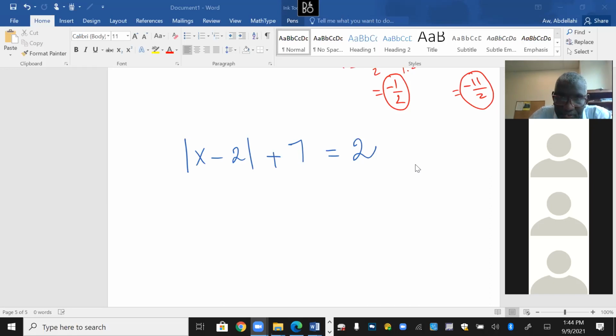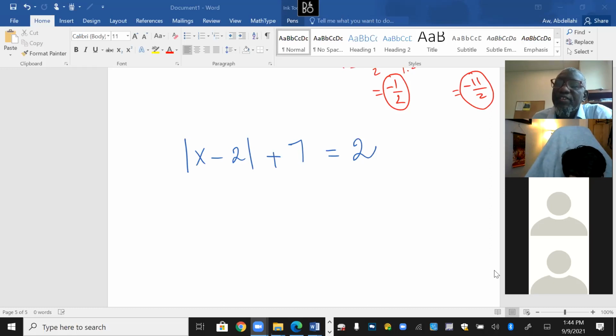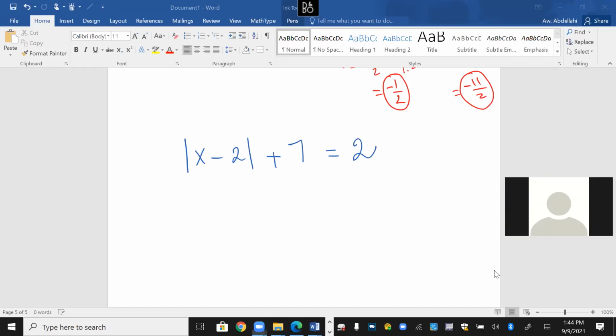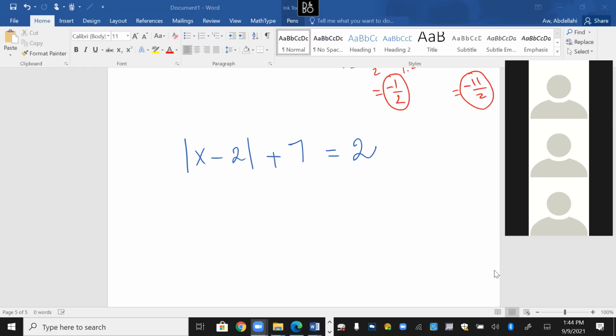Oh, I did it. I just can't find my answer. You can't find your answers? Okay, somebody got a couple of numbers as answers, or what did you get? X equals -3 or X equals 7.